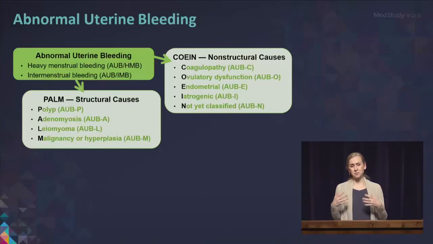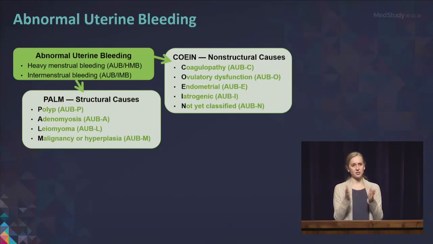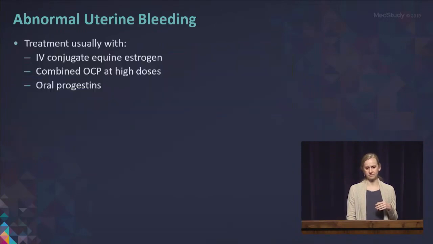And that might be that she's bleeding too much during her periods, or that she's having intermenstrual bleeding, so having spotting in between the periods or having cycles that are either less than 21 days or more than 35. The way to treat heavy uterine bleeding is with high dose, either estrogen, OCPs, or progesterone to get the bleeding to stop.